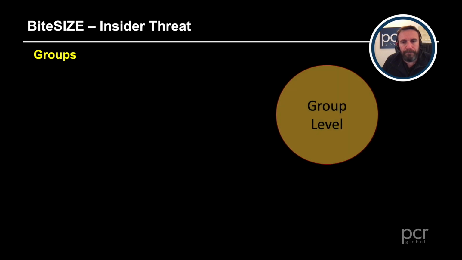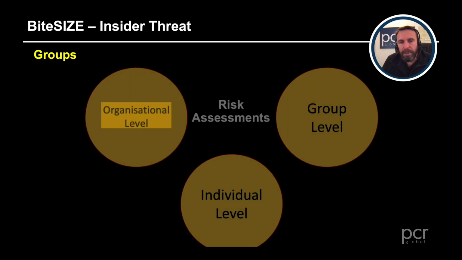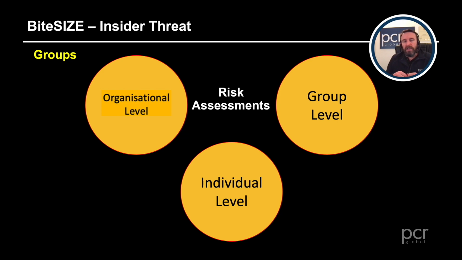Really important. What the CPNI tell us is that these risk assessments can be done at the organisational level, they can be at the group or the business unit level, I would suppose, or at the actual individual level. If we're thinking in a close protection, high net worth context, who has access? So very important.